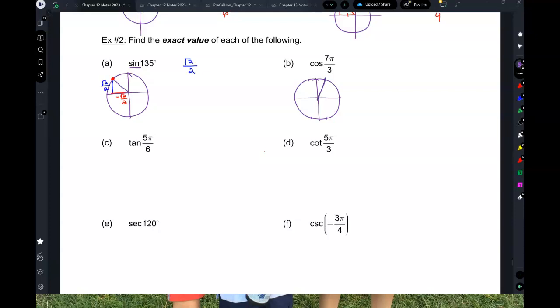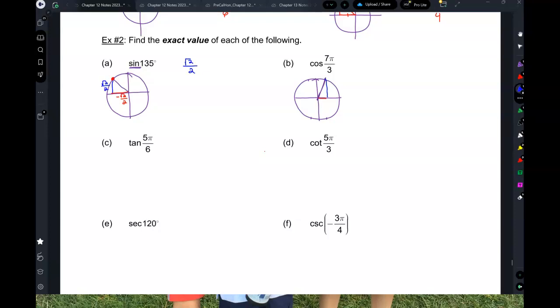Now, this is the big angle. That means to get to that point, I have to go horizontally a short distance, vertically a longer distance. Now, for cosine, I'm only concerned with the horizontal distance. Because that's the shorter distance, it can only be a half.